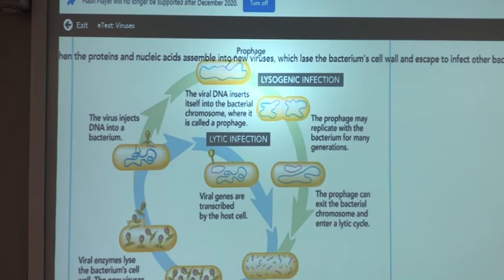So here we have our little spaceship-like bacterial phage, and here's our unsuspecting bacterium. Notice the first step here. The virus is going to attach and inject the viral DNA into the host cell.